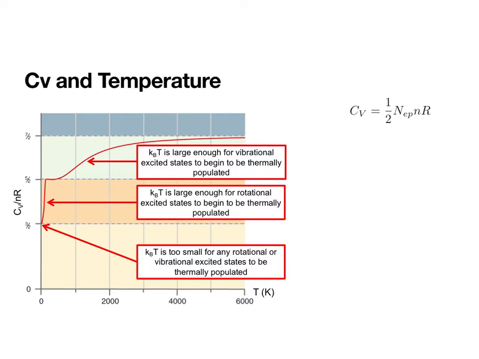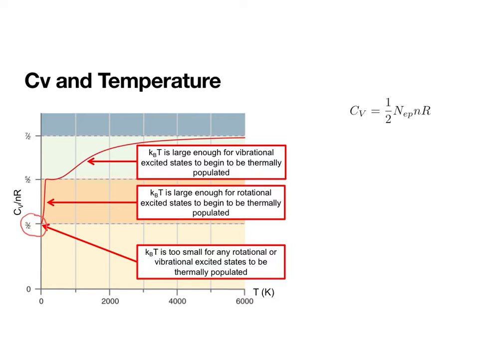Well, it turns out that CV is related to temperature, but it's really related to temperature based upon the equipartition theorem. That at very low temperatures, we only have translational motion. And so at very, very low temperatures, there's really just this 3/2 sort of energy.